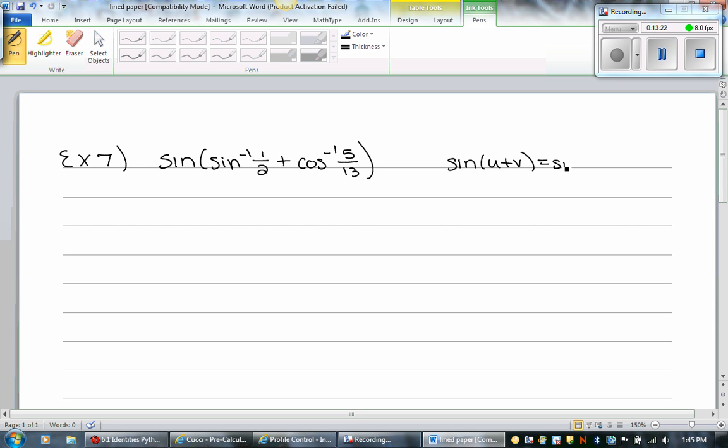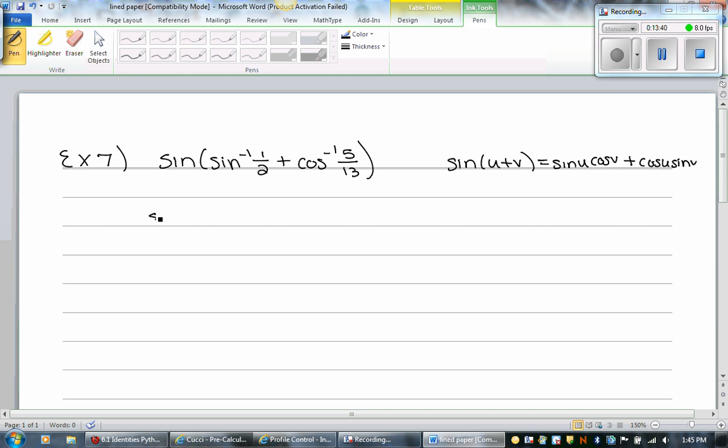Sine of u, cosine of v plus cosine of u, sine of v. You should have these on your note card from the lessons prior. So we can now use this identity and plug in our information.